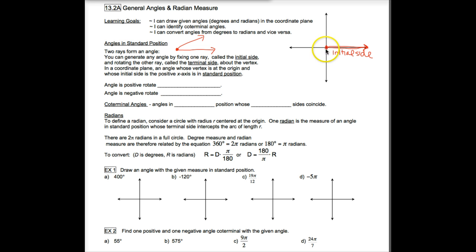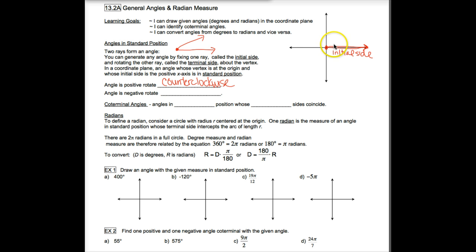So if we have an angle that is positive, we are going to rotate in the counterclockwise direction. So we said we were going to rotate the other ray, that's called the terminal side.